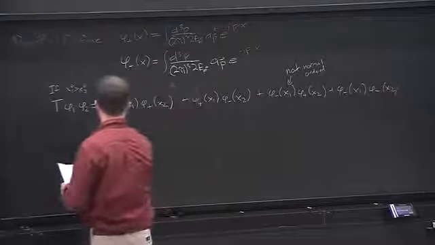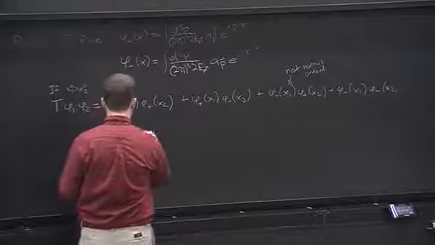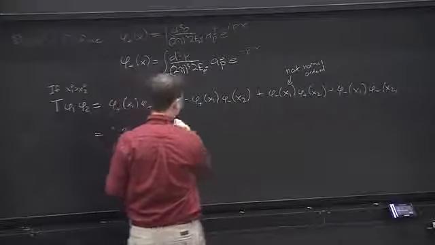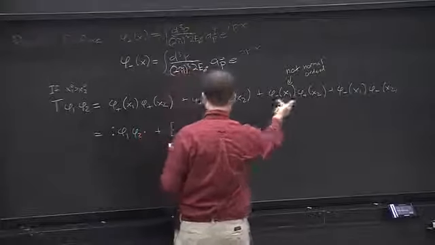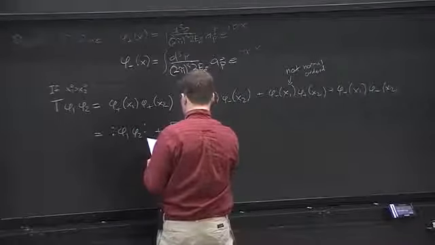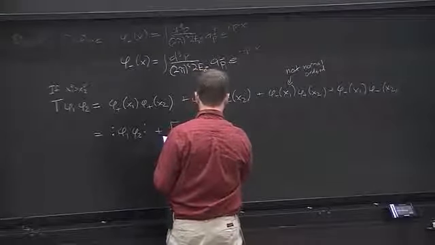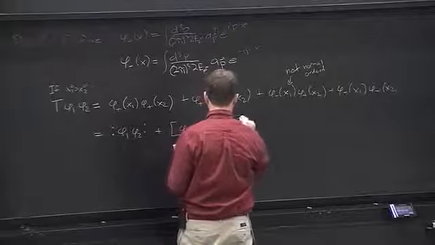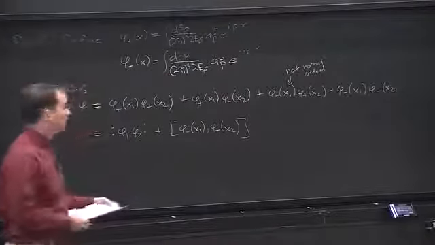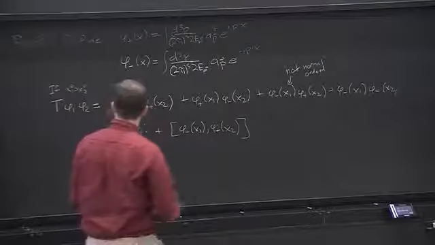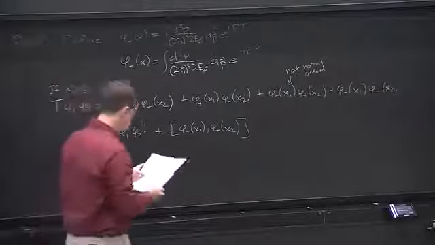And so we can write this as the normal ordered product plus a commutator. If we switch that, we'll just get the commutator of phi minus x1, phi plus x2. And in the opposite case, we'll just get the opposite commutator.